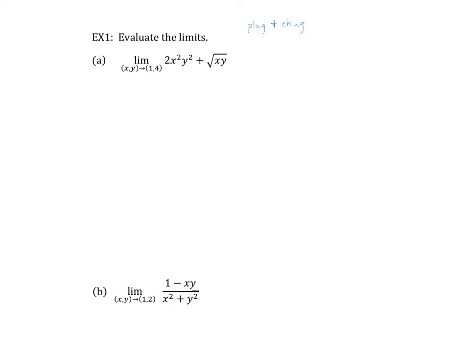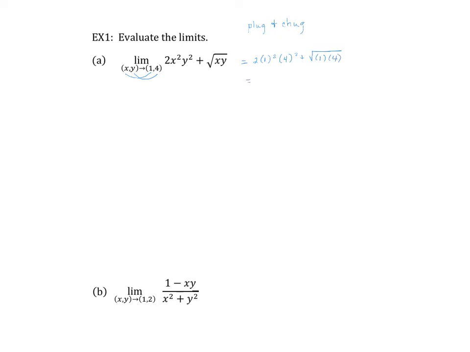So what I'd like to do is put in 1 for x and 4 for y in this expression to get 2 times 1 squared times 4 squared plus the square root of 1 times 4.